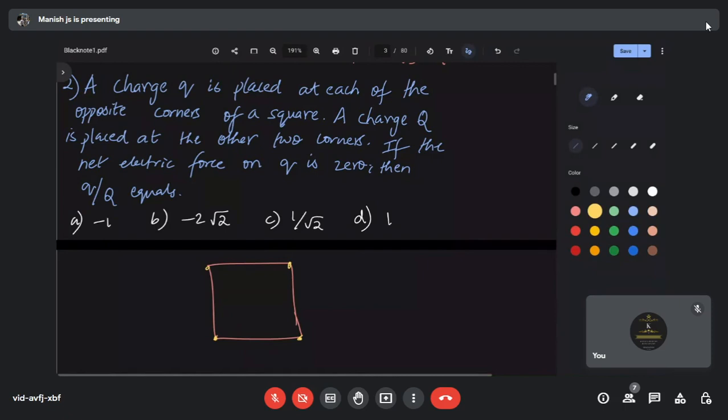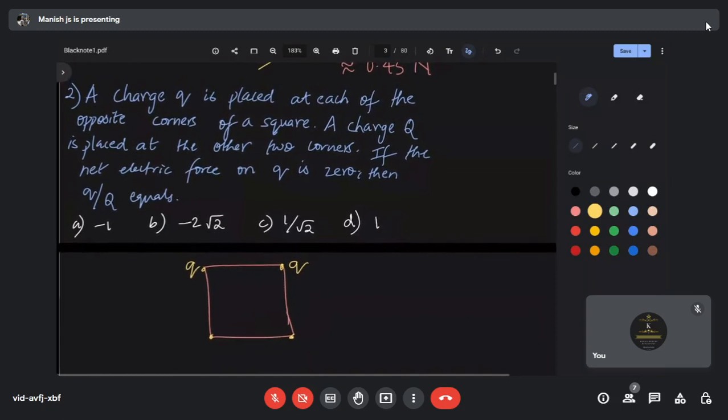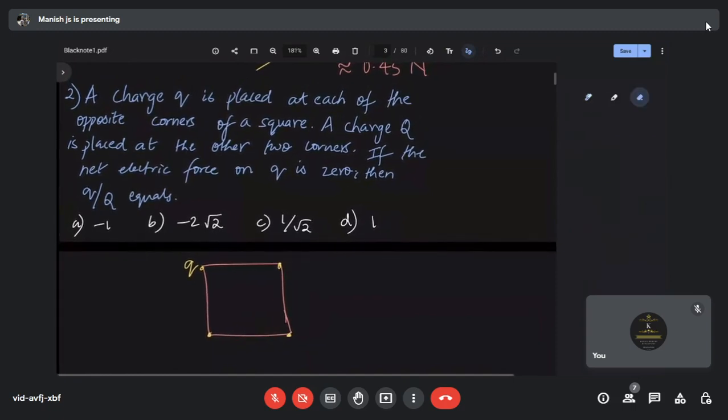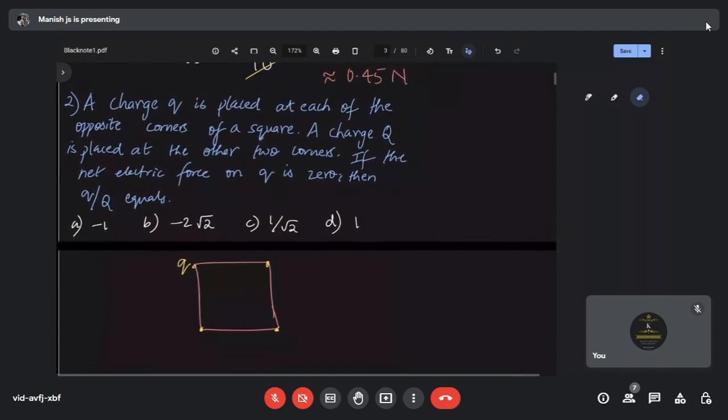Small q, only in two corners, taken oppositely. So if this is small q, this is also small q.